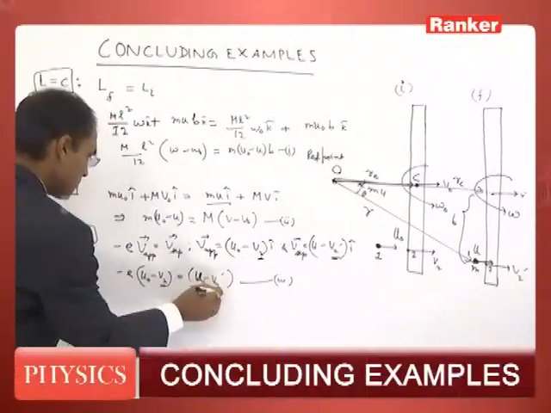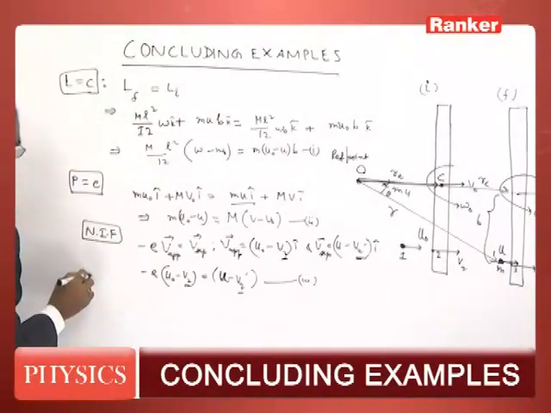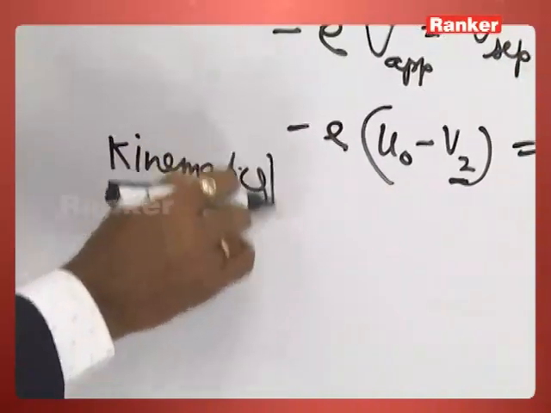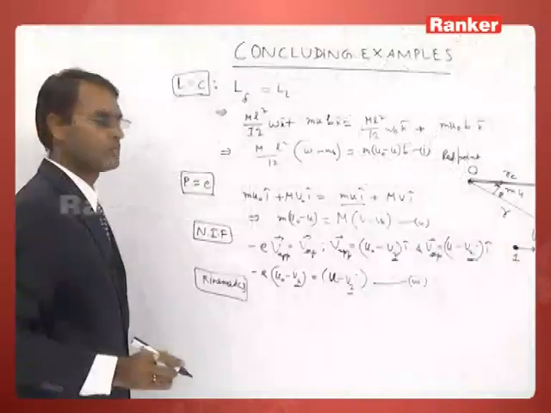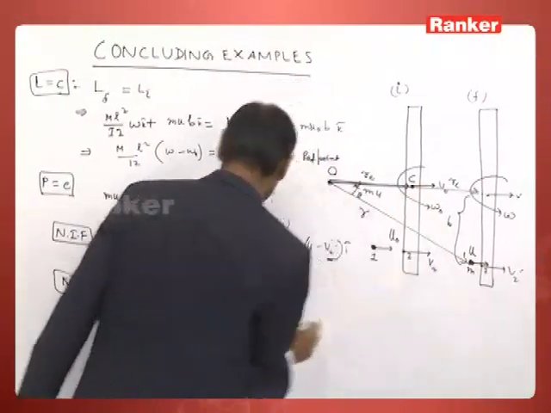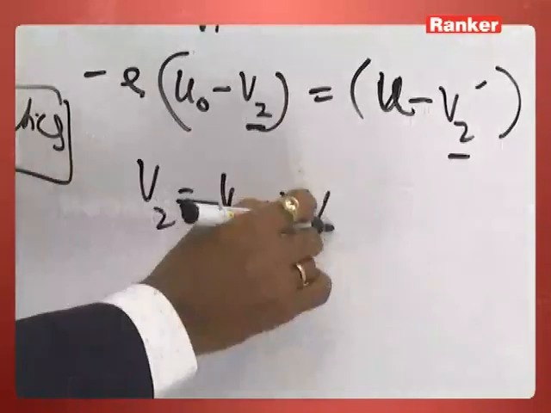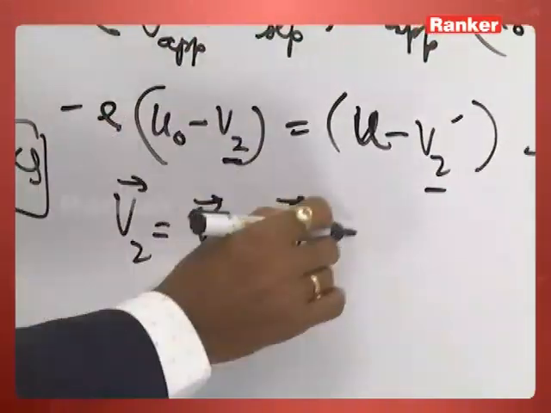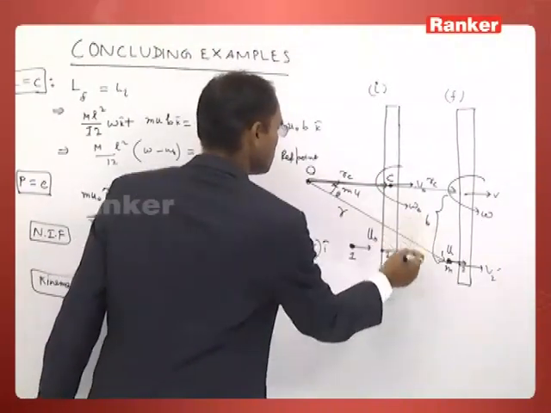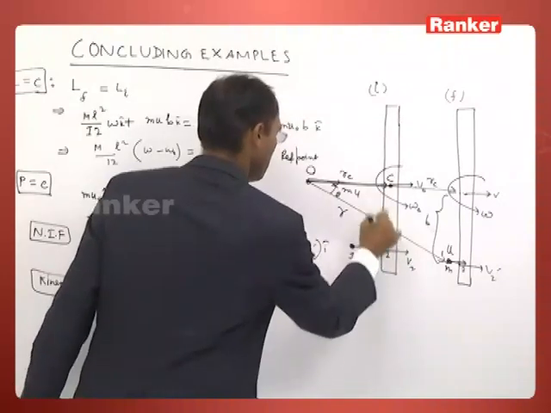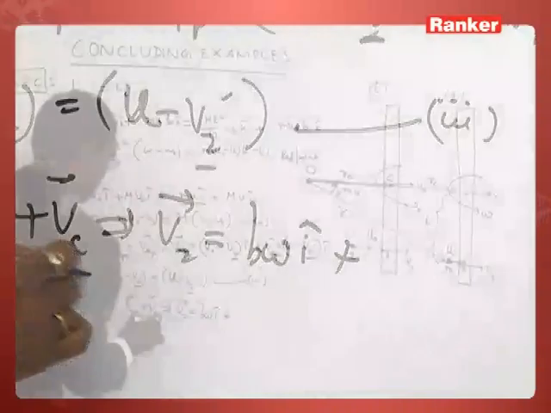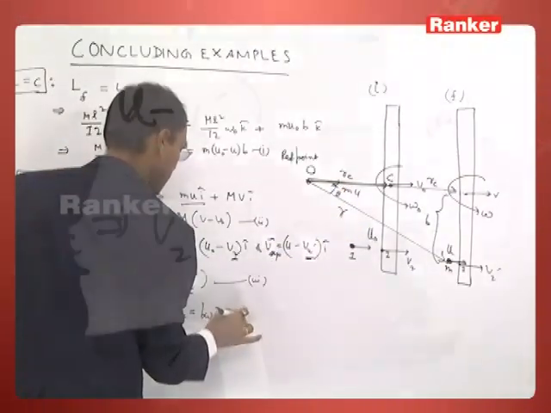Here v2 and v2 dash can be calculated by using kinematics of rotation. v2 is equal to the velocity of 2 with respect to c plus the velocity of the center of mass. The velocity of 2 with respect to c is b into omega i cap, plus the center of mass velocity, in this case v naught i cap.